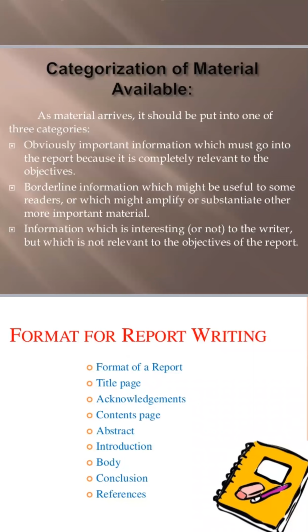Then borderline information is information that is only required by some readers, so that information must be amplified. Then there is information that may not be interesting to the writer, but it is relevant to the report, so you have to write it down.